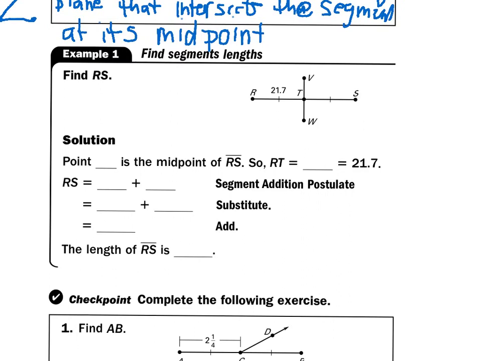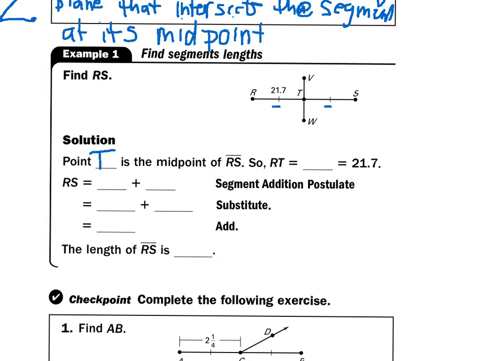Find segment lengths. So we know that point T is the midpoint. And we know it's the midpoint because of these little hash marks. Those hash marks tell us that one side is congruent to the other side. The lengths are the same.